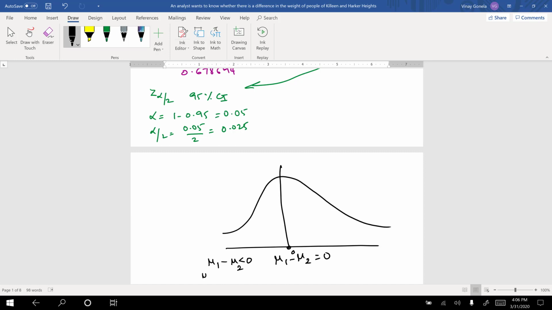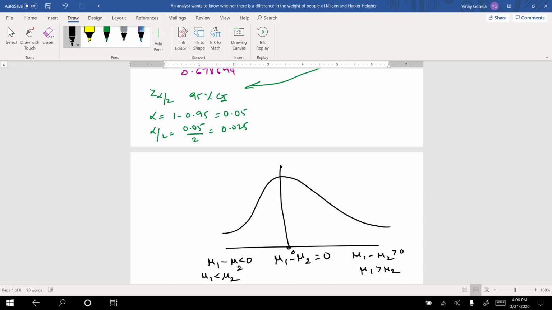That means mu1 is less than mu2. That means Killeen's weight will be less than Harker Heights. Anything to the right, mu1 minus mu2 is greater than 0. So mu1 greater than mu2. That means Killeen's weight would be greater than Harker Heights.